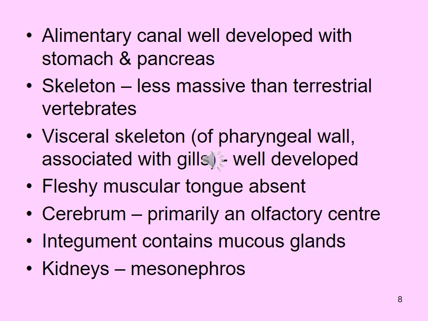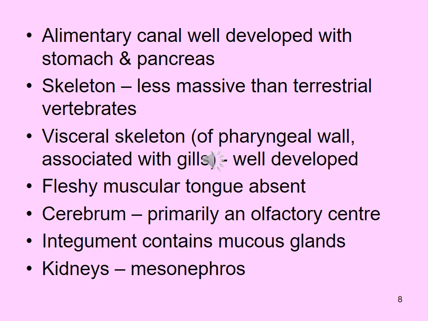The alimentary canal of the fishes is well developed with stomach and pancreas. The endoskeleton is less massive than in the terrestrial vertebrates. The visceral skeleton is formed of the pharyngeal wall associated with the gills, and these are well developed.